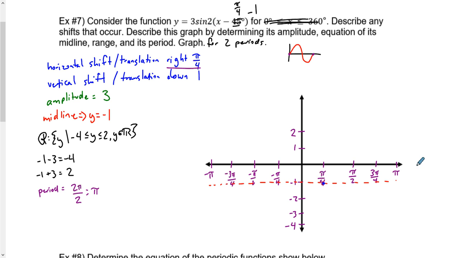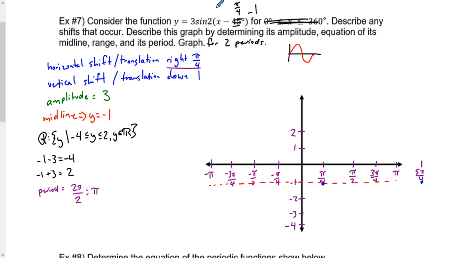Our next point, which may not be the easiest to graph, especially with our sketch here, it has to both start and end at that midline, just like this one does. From 1/4 pi to 5/4 pi, it has been able to start and end.